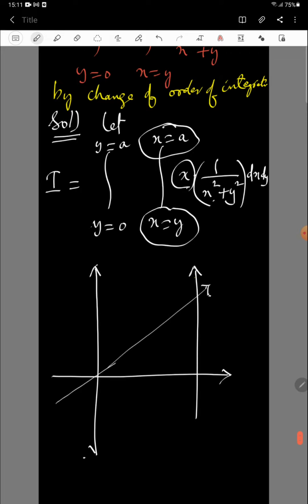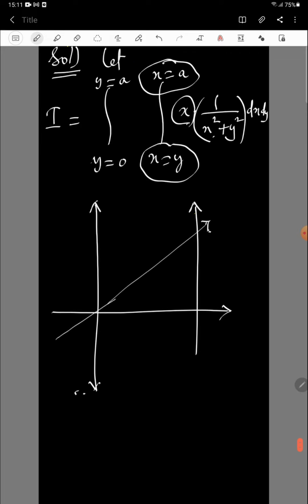This is the y-axis, this is x is equal to 0, and this line is x is equal to a. So with x from y to a, there is a strip parallel to the x-axis.